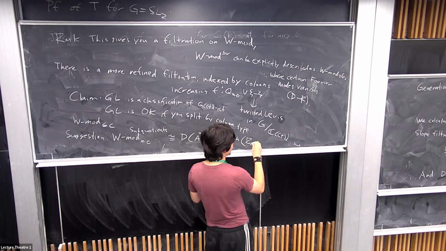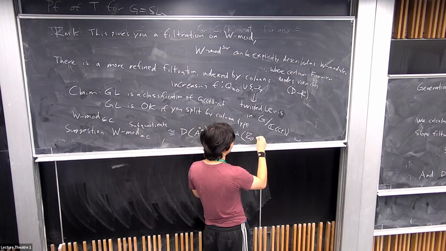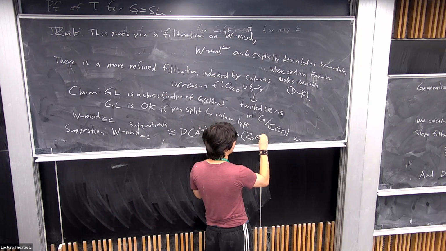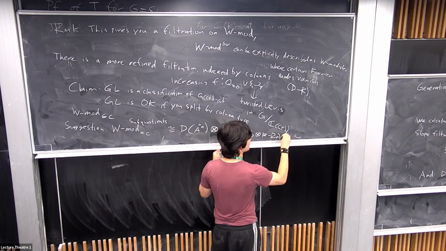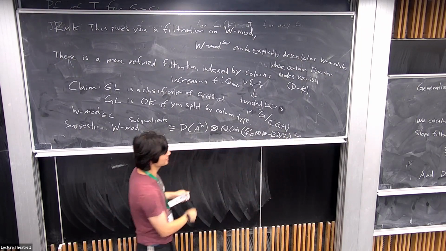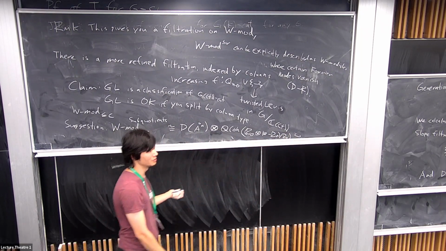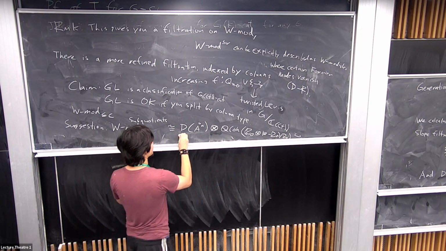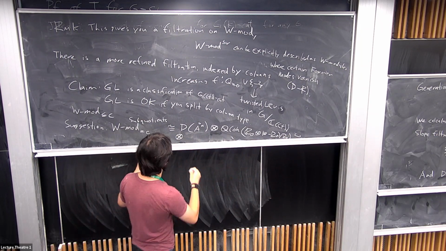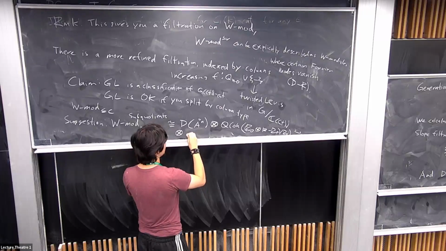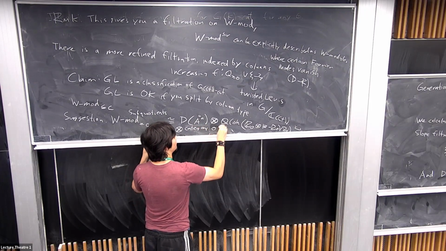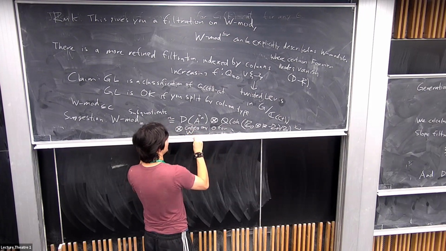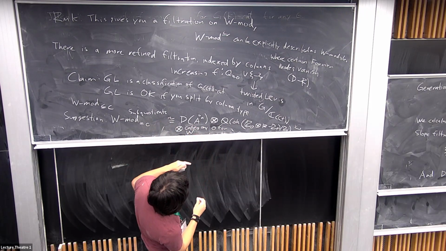Quasi-coherent sheaves on Z0 of the complexified character lattice minus Z0 mod Z0. So this looks complicated, but it's kind of simple. Tensor the category O for W of the twisted Levi given by f of minus.